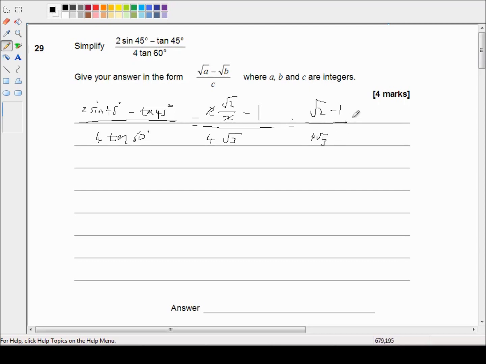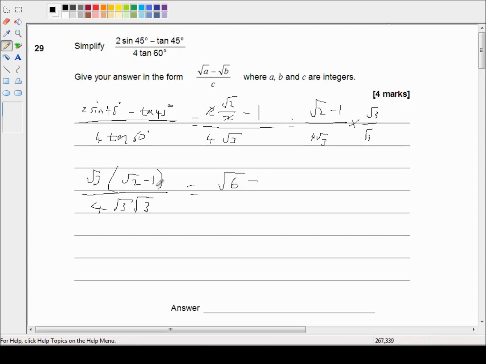And if we do a bit of surds, we can just multiply by root 3 over root 3 to rationalise the denominator. So this ends up with, well, root 3 times root 2 minus 1, all over 4 times root 3 times root 3. Well, root 3 times root 2 is the square root of 3 times 2, which is the square root of 6.